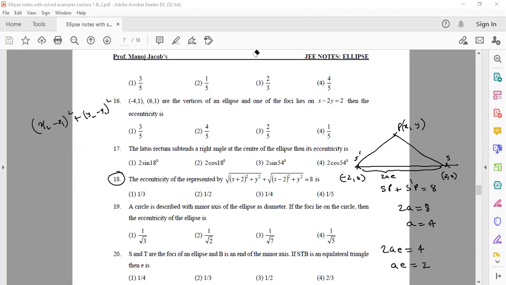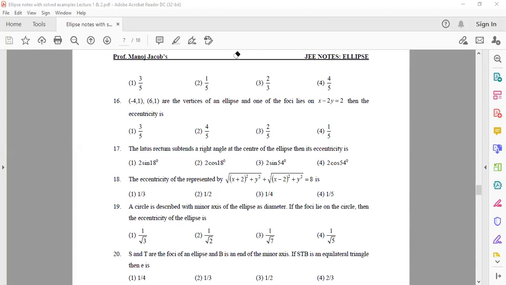So what you do is, you write like this. If P is x comma y, the root of x plus 2 the whole square plus y square is the length S dash P, where S dash is minus 2 comma 0.